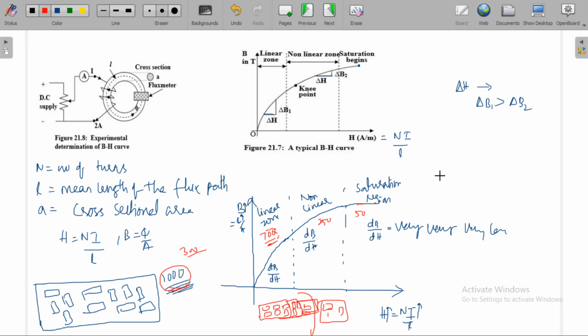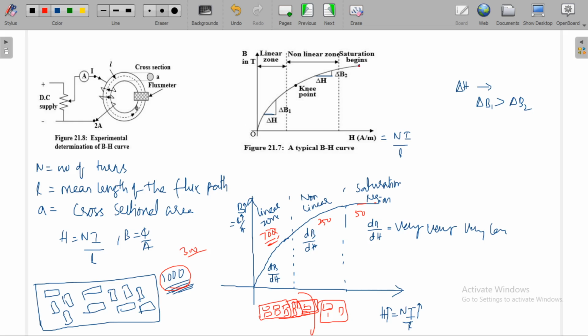So even though you increase H in this region, due to the presence of a very less number of randomly distributed domains, there is no much increase in B. There will be very less increase in B with more increase in H.